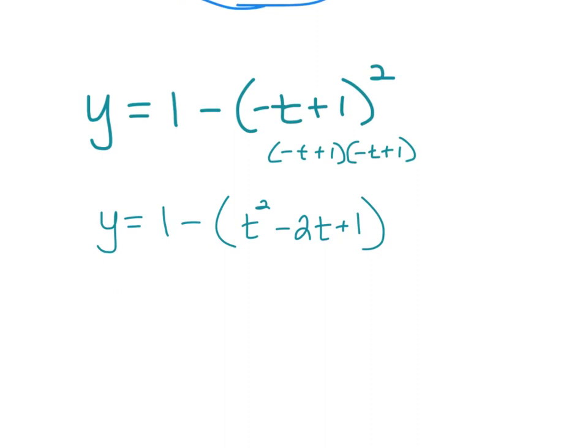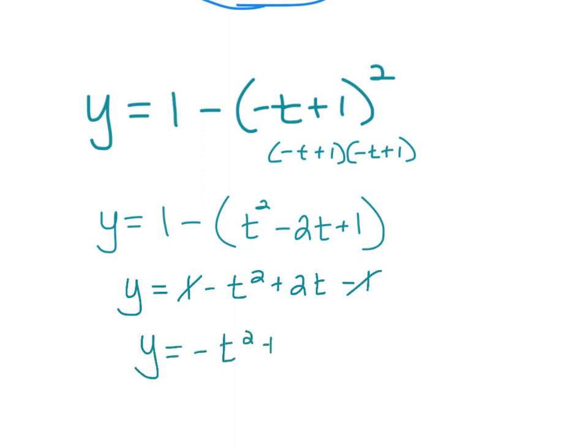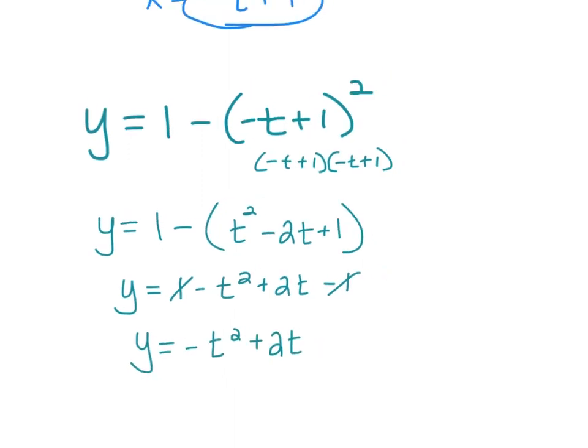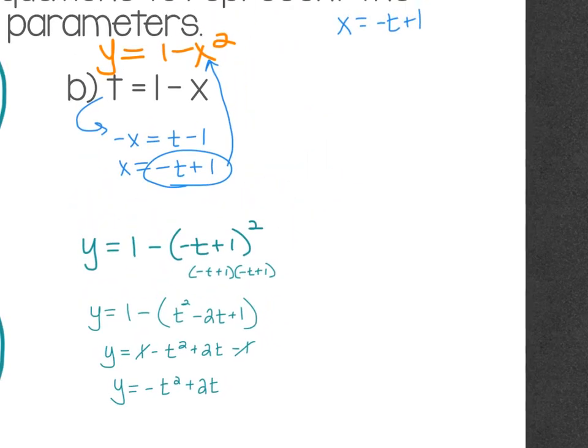And then I would distribute my negative, so I'd get y equals 1 minus t squared plus 2t minus 1. The positive one and the negative one cancel out, and I get y equals negative t squared plus 2t. That's my second equation.